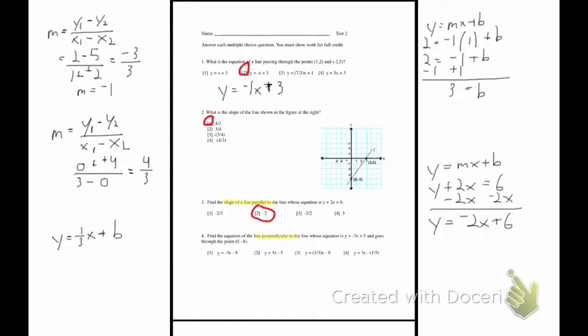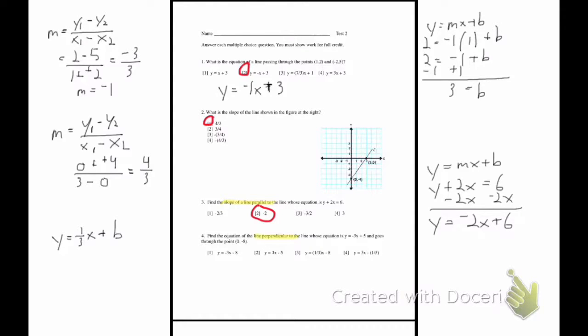Now, once we have a starting point to our perpendicular line, we then look for things that we can plug in to find our y-intercept. What can we plug in? Well, the problem gives us the point (0, -8) and says that our line goes through that point. Therefore, we can use it to find the y-intercept.